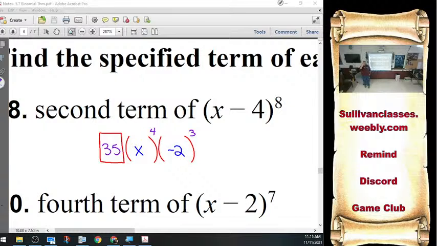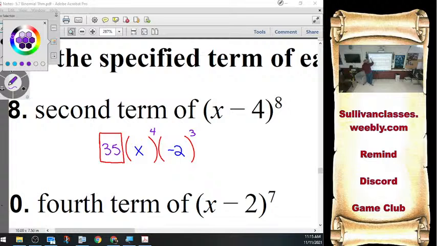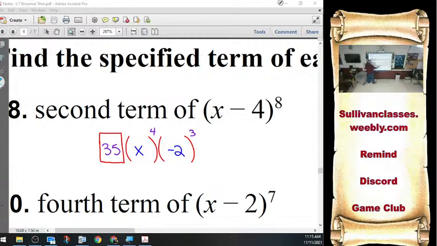My fourth term will have something to the third. Now it's just a matter of multiply it all out. I say negative 2 to the third is negative 8. Negative 8 times 35, so 240, 280, negative 280. Okay.